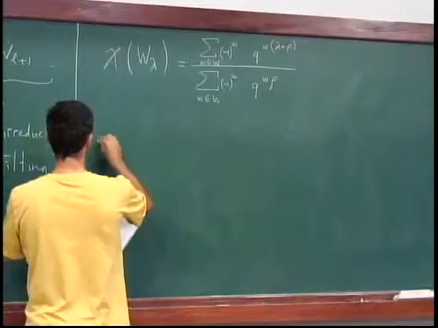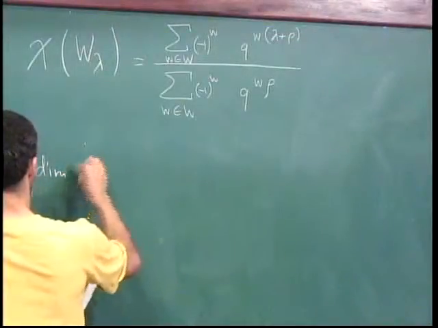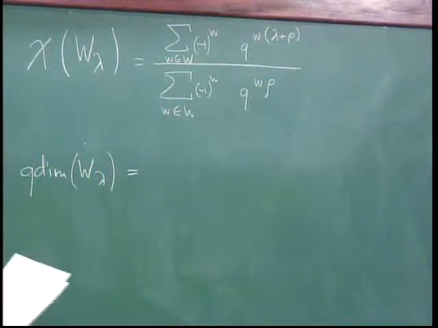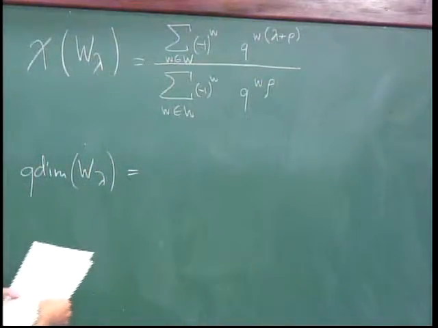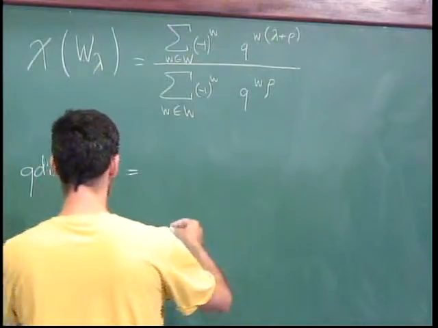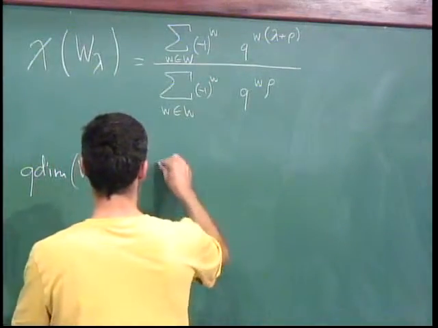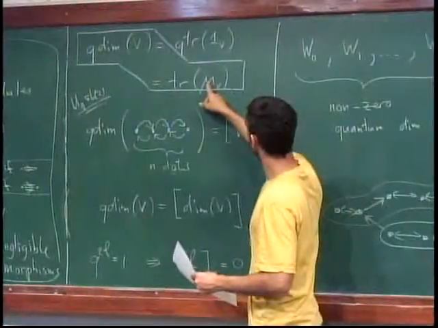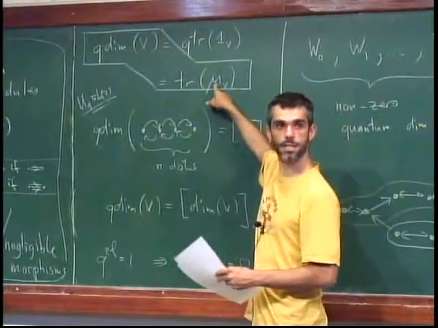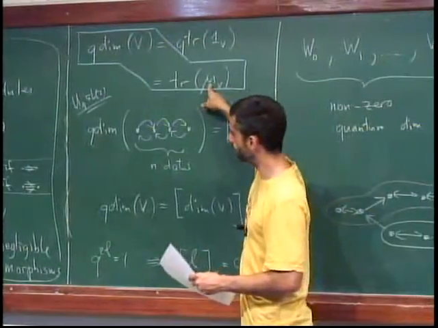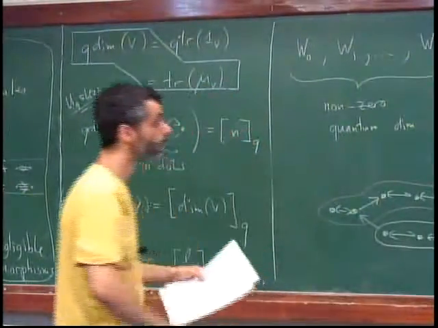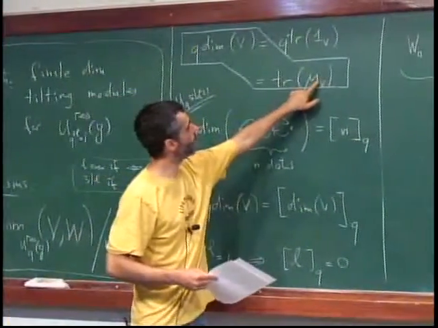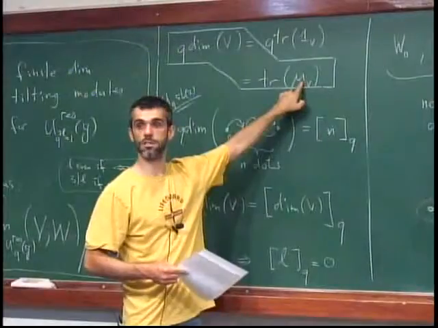The quantum dimension of W lambda, well, that is the trace on W lambda of this thing here, and that thing is where it was defined by looking at what rho was.